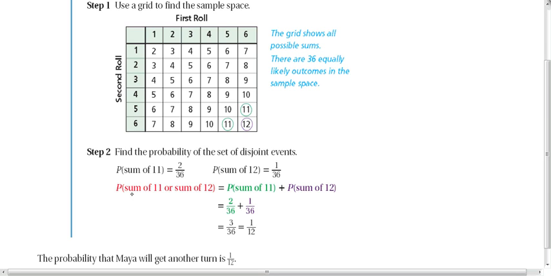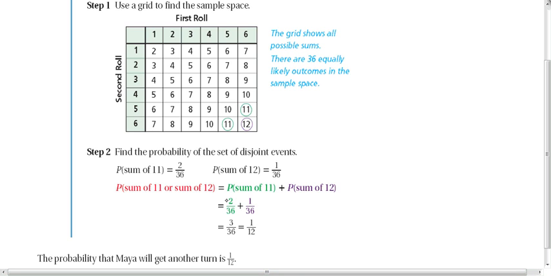So we have the probability of the sum of 11 or the probability of the sum of 12 equals the probability of the sum of 11 plus the probability of the sum of 12. That's going to give me 2 over 36 plus 1 over 36.